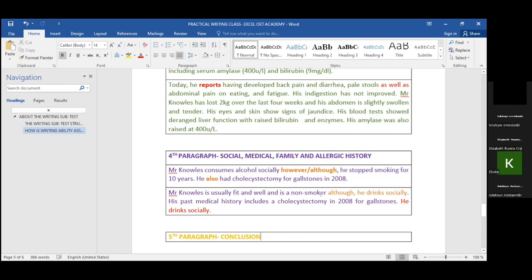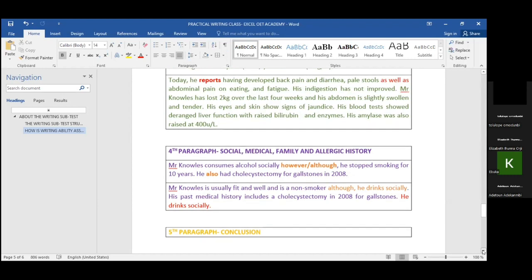Before you conclude, add the social, medical, family, and allergic history in another paragraph. If you see anything significant in it, please include it. And then after that, you come to your conclusion.